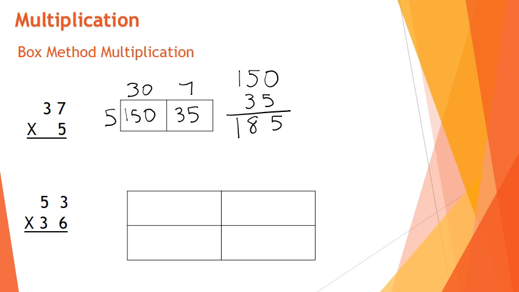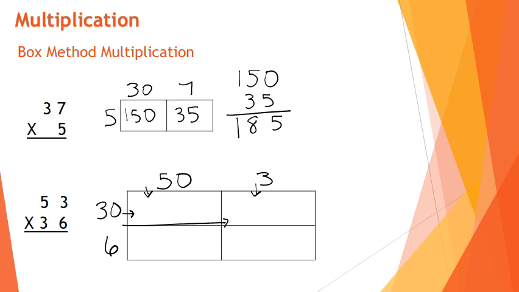When we have a 2-digit by a 2-digit number, we're going to use expanded form to write each number in its parts. So 50 and 3, 30 and 6. Now, these boxes match like this, this, all the way over to there.